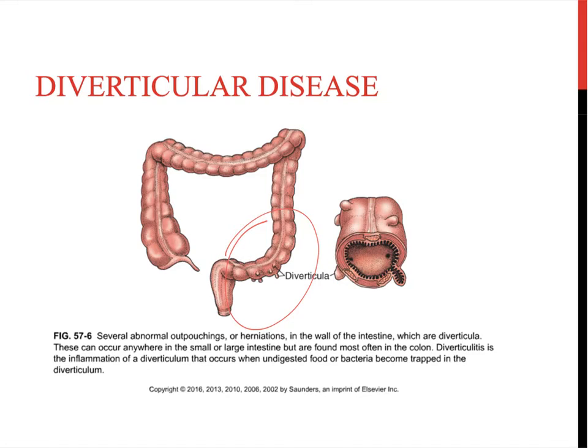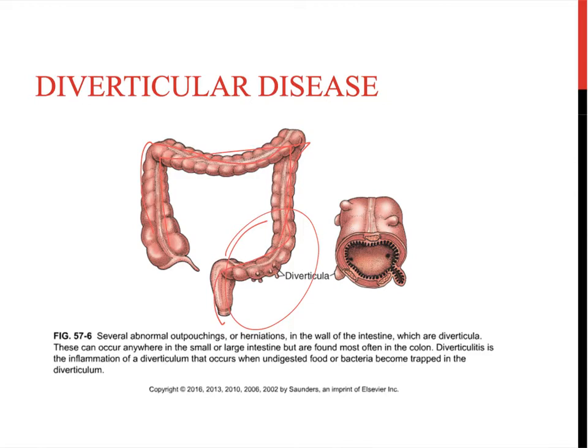Because basically what happens is the flow of stool through here, the slower it is, as with constipation, the more likely that these pouches will get blockage, the more likely that things will get packed in there. So they need to increase fluid intake and increase fiber so that they prevent any kind of constipation.